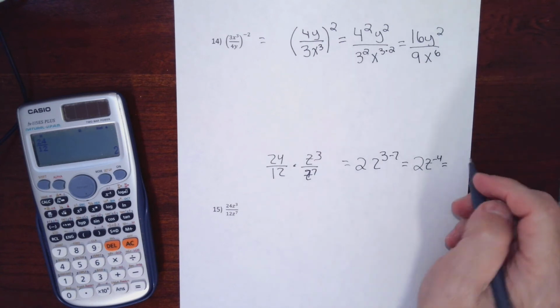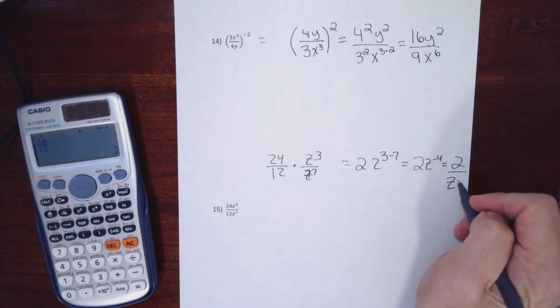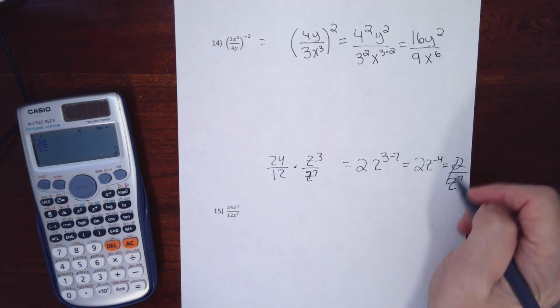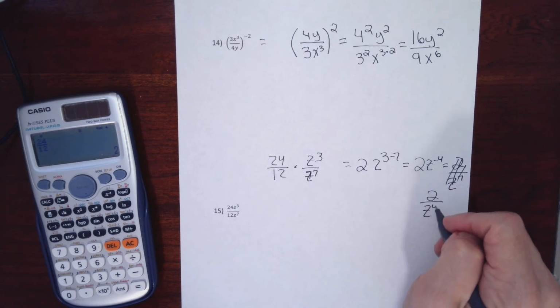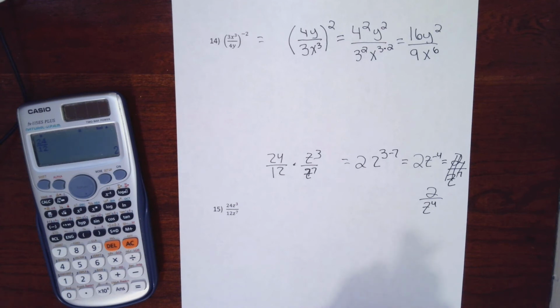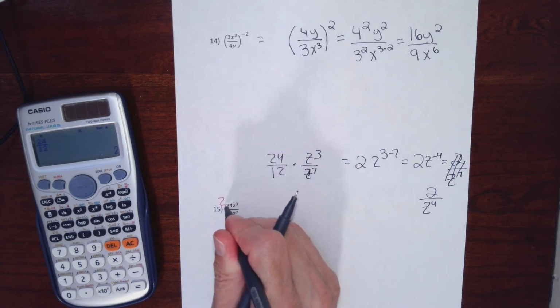Let me write that as 2 over z to the 4th. That's probably the proper way to do the problem. There are definitely students that get really good working with negative exponents, and they find ways to avoid the negative exponents.